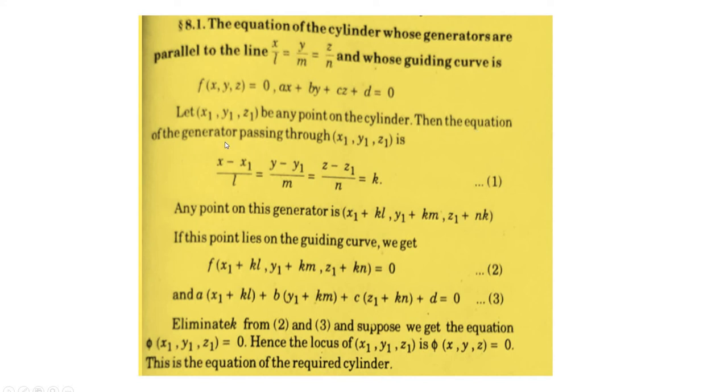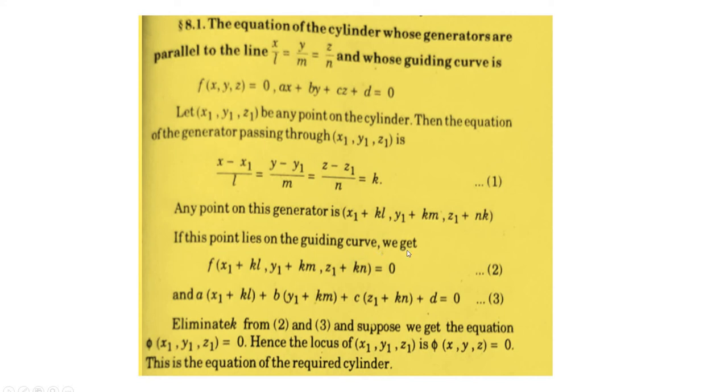The equation of the generator passing through x1, y1, z1 and parallel to the line, whose direction ratios are known, can be written and set equal to k. Then any point on this generator will be x1 plus lk, y1 plus mk, z1 plus nk.